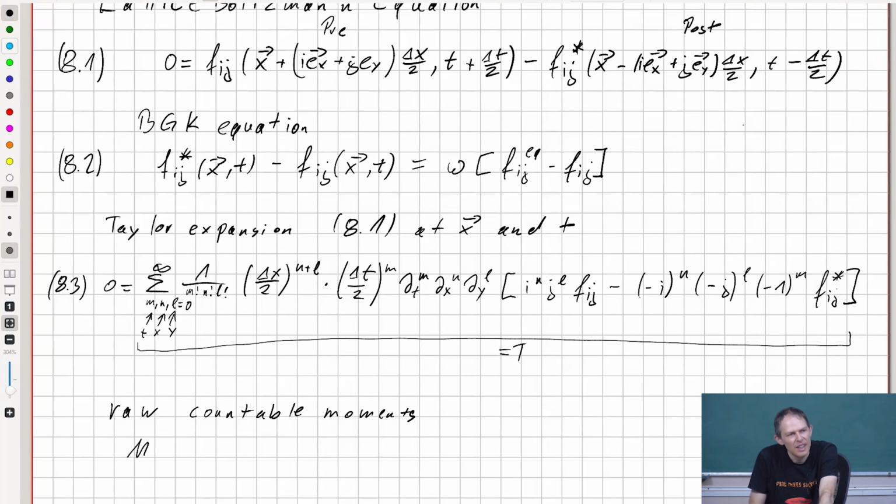By the way, it is very important that we do the expansion here on raw moments, and on countable moments. I've seen many students later think, okay, we can do this, for example, with central moments, but it is not easy to do this asymptotic Taylor expansion with central moments, because central moments are defined pointwise.